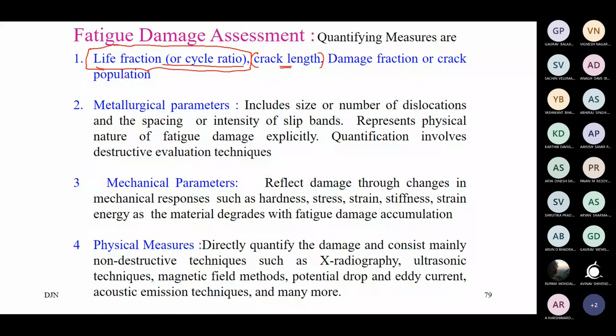for the industrial scenario. But from a research point of view, these metallurgical parameters play a vital role because they give us a clear indication of the path in which the crack is growing. For example, we are aware of intergranular as well as intragranular crack propagation, two different types. Then how the microstructure prevents that, which path it takes, and why it only propagates in that particular direction and not in another direction.